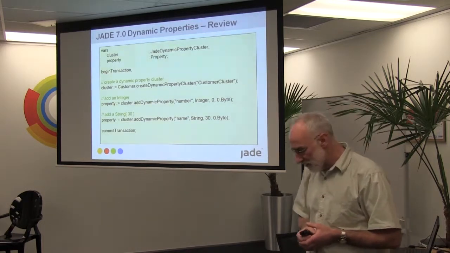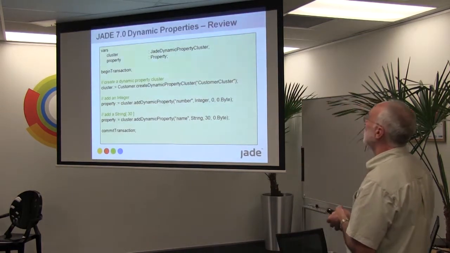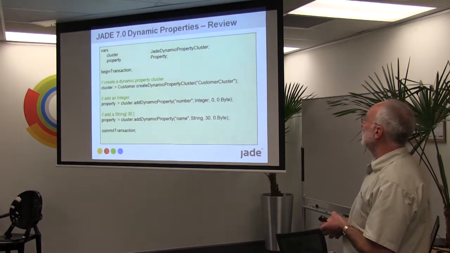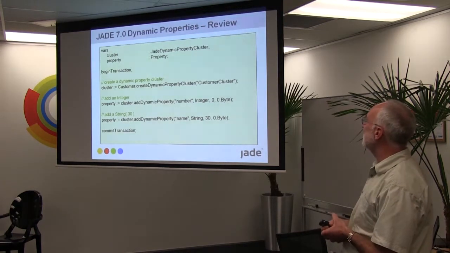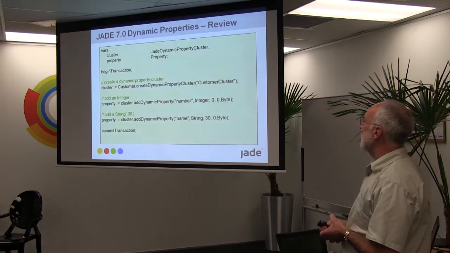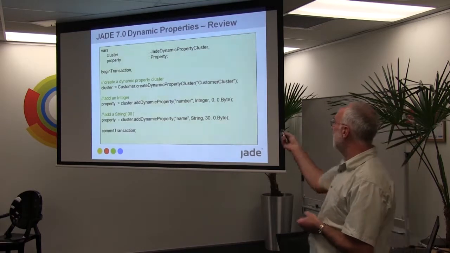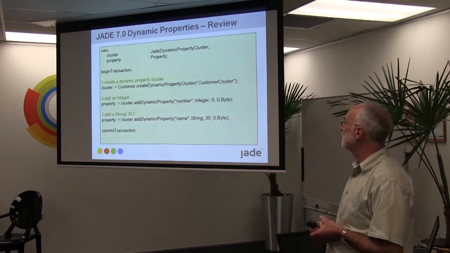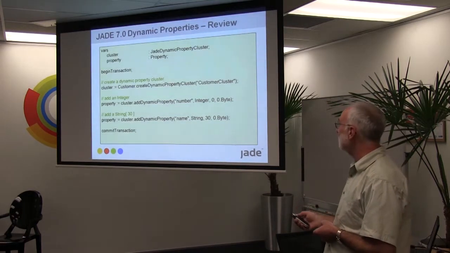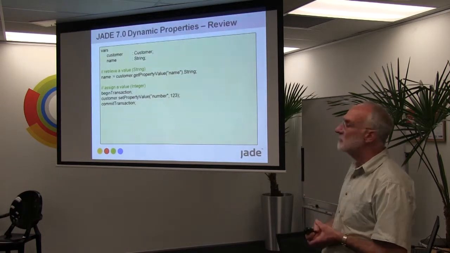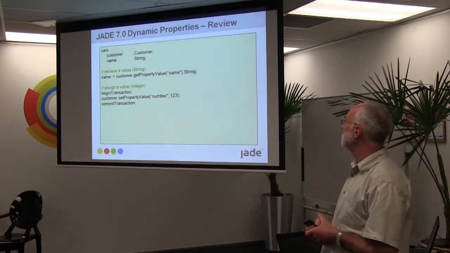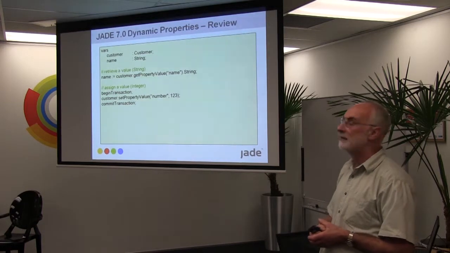So here were some examples where, programmatically, we're creating a cluster on the customer class, and then we add two dynamic properties to the cluster. When we wanted to use that property at runtime, we would use get property value and set property value.